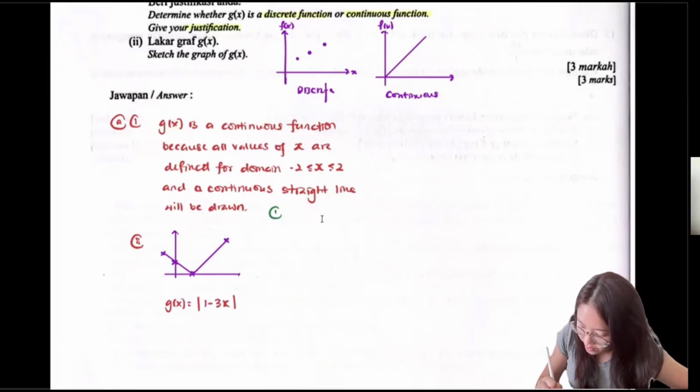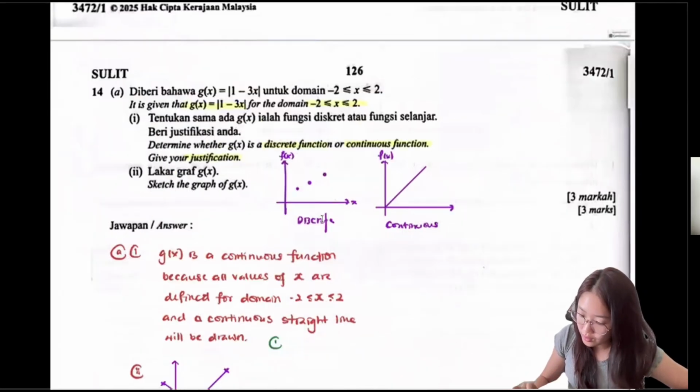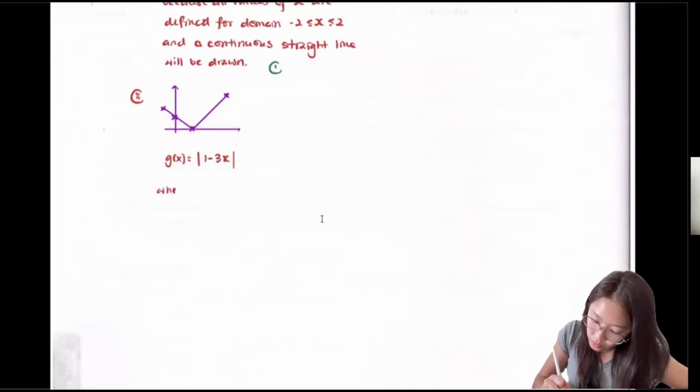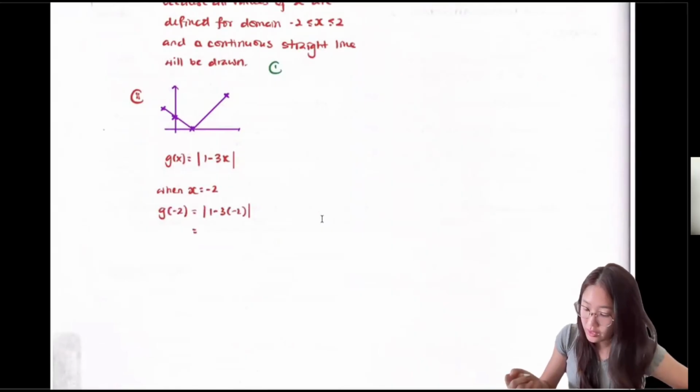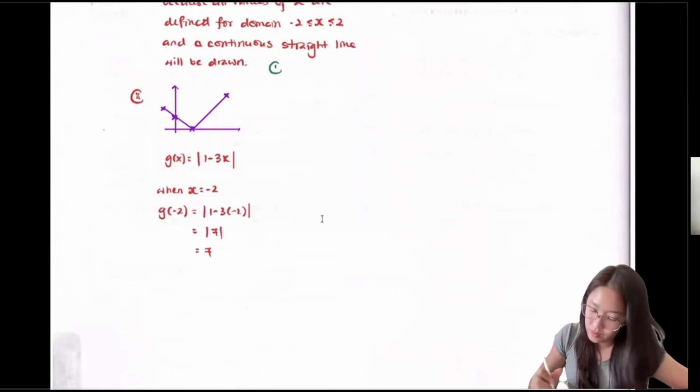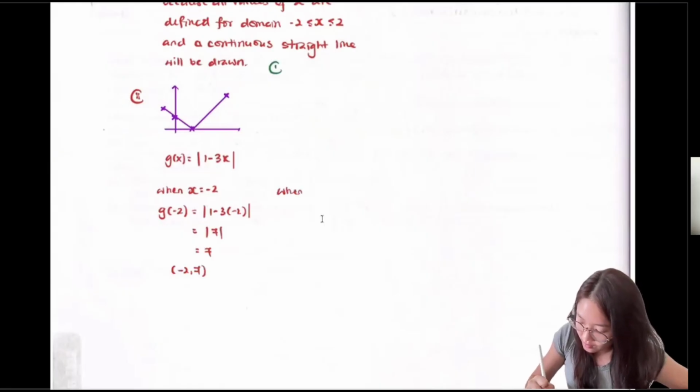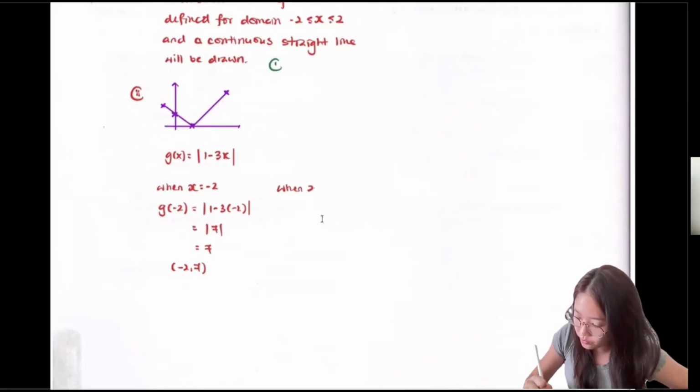We have 1 minus 3x, isn't it? Your domain is negative 2 to 2. So find out when x equals negative 2 first. Negative, negative, positive. This is modulus 7. So this is coordinate (-2, 7). When x equals 2, g(2) equals the modulus of 1 minus 3 times 2.